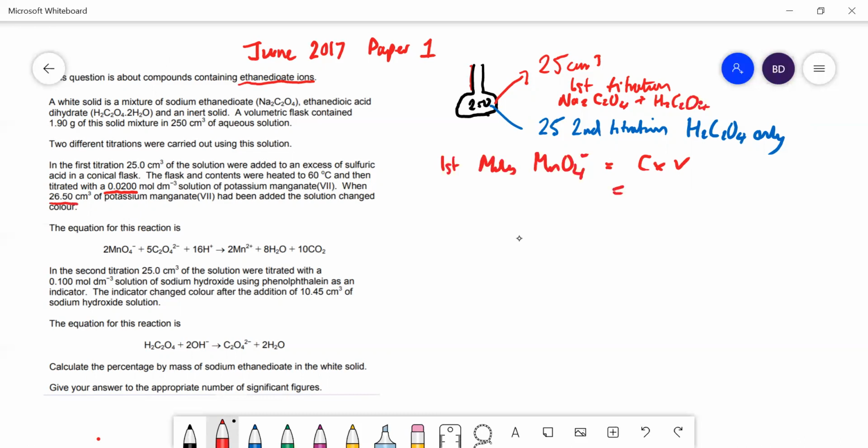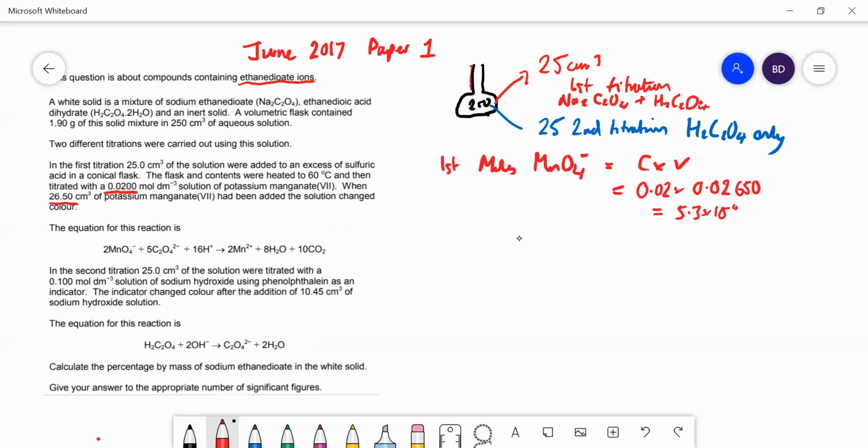So that's 0.02 multiplied by 0.0265 dm cubed, which equals 5.3 times 10 to the minus 4 moles of manganate.